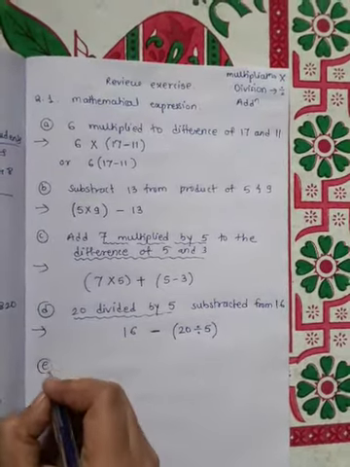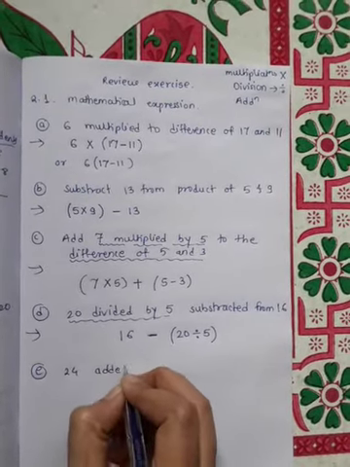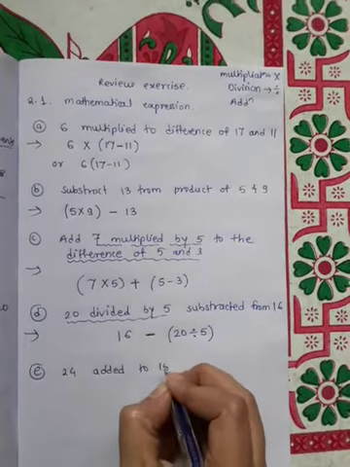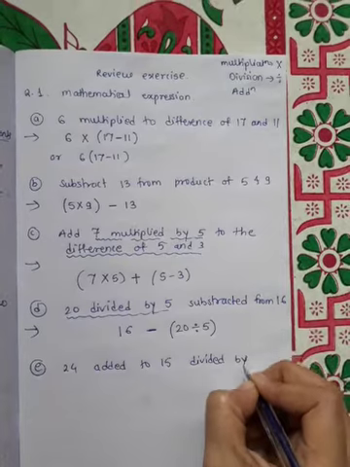Now see number E: 24 added to 15 divided by 5.